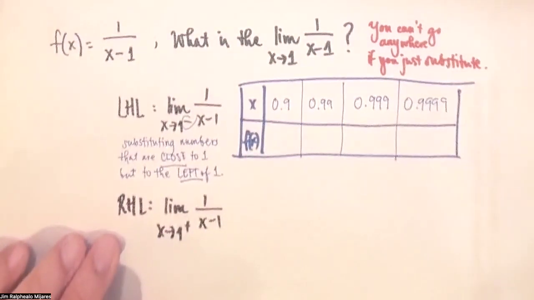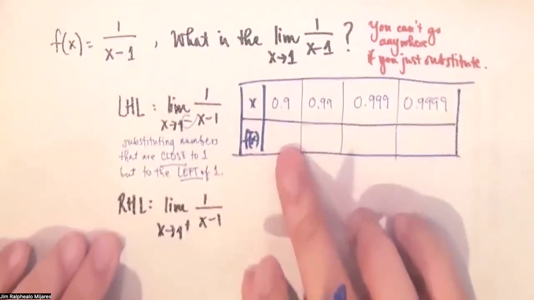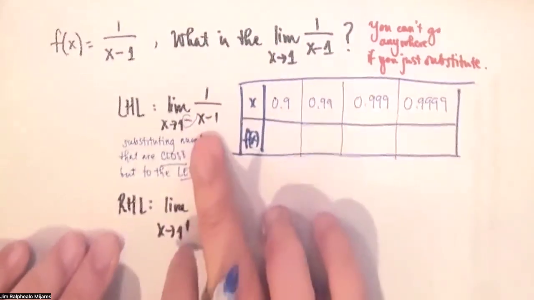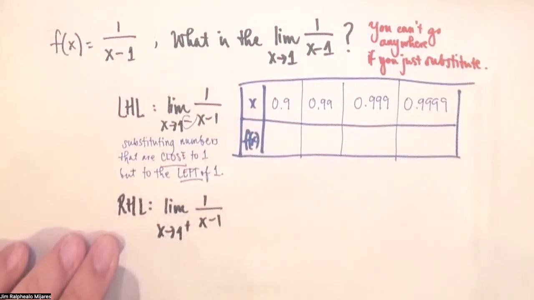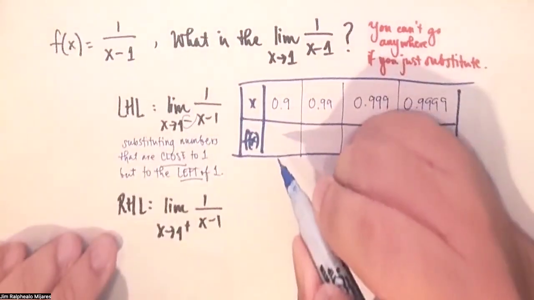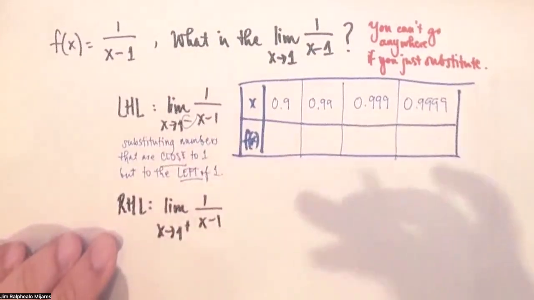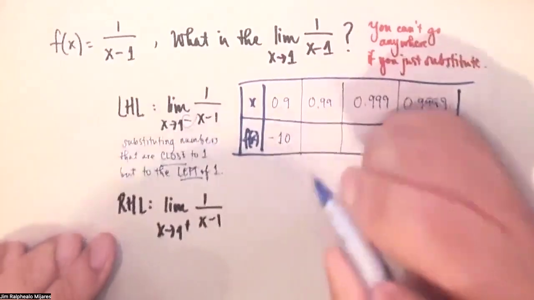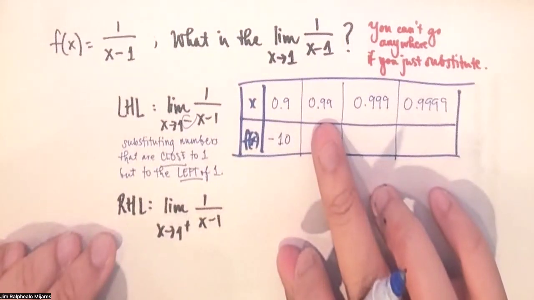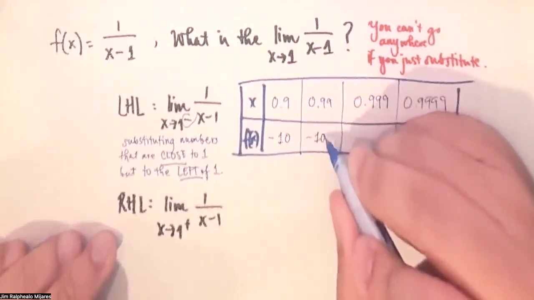Well, if we substitute 0.9 here, we get 1 over 0.1, which is 1 over 1/10, or you can use your calculator at this point. But this is negative because it's 0.9 minus 1. So this is negative 10. This one, you're going to get negative 100.